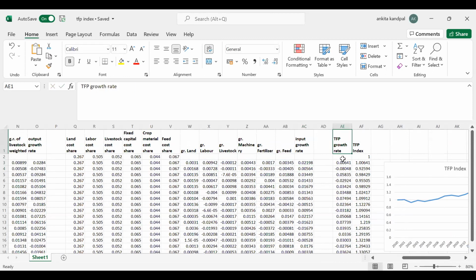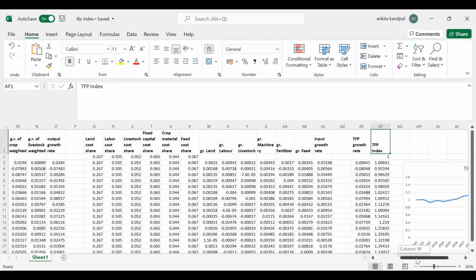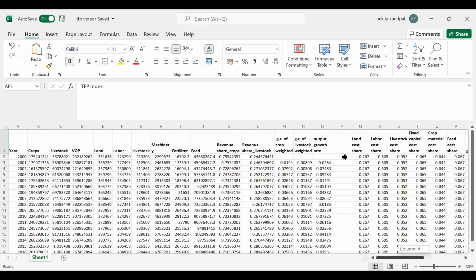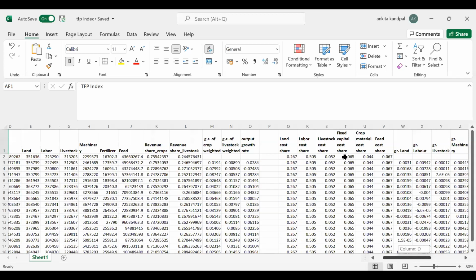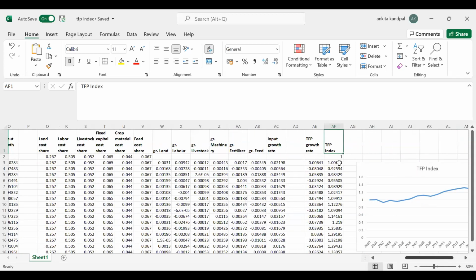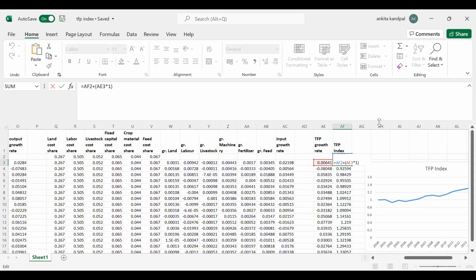For estimating the TFP growth rate, we will subtract the input growth rate from the output growth rate. For calculating TFP index from the TFP growth rate, we will take the first year index as 1, then see what happens to TFP in subsequent years. So for the next year, it will be calculated as 1 plus the growth rate of 2001 into the index of the previous period.